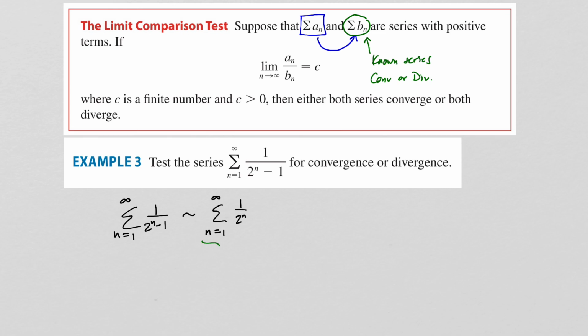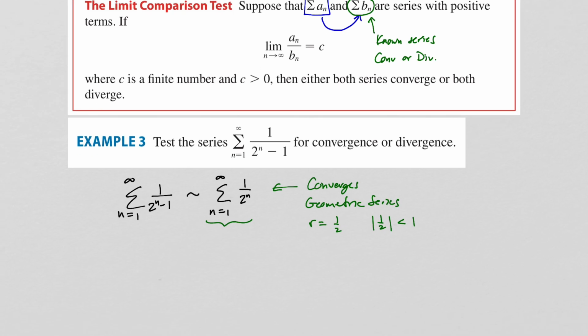What does this series do? Well, this series converges. And we know that it converges because this is a geometric series with r equal to 1/2, and the absolute value of 1/2 is less than 1. Therefore, we know it's a converging geometric series.